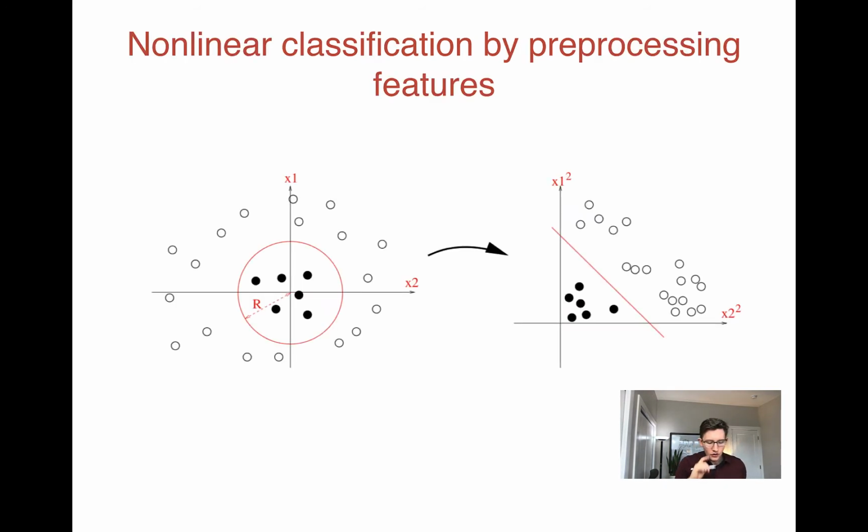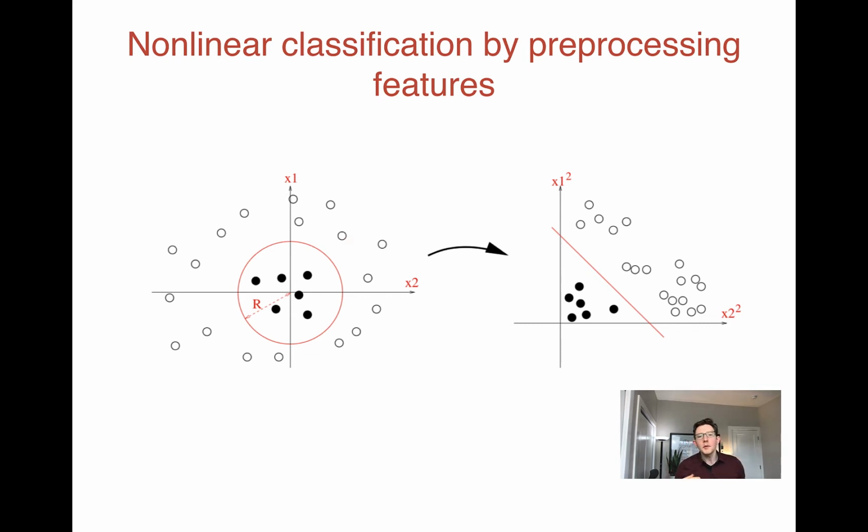So I'm going to talk about a couple of different considerations one has to make when it comes to featurization. The first one has to do with this assumption of a linear model and a linear decision boundary. So let's look at a case like this, where here's our features. We're in a 2D space. That is, we have two features, x1 and x2, and the label is indicated by the color black for 1, white for 0.